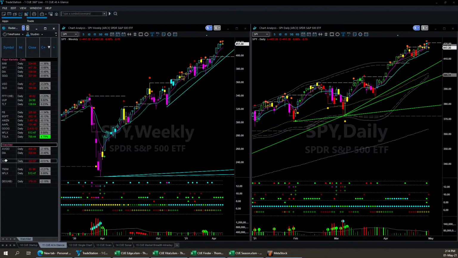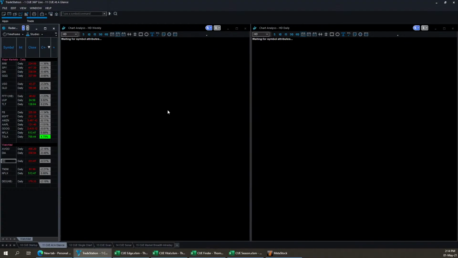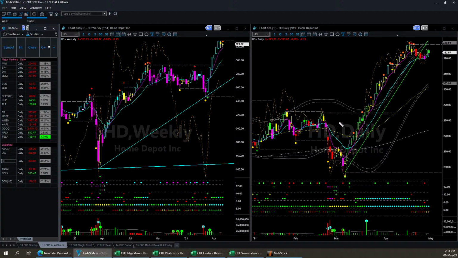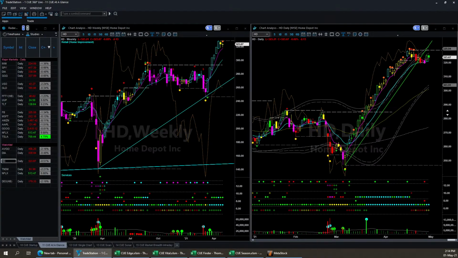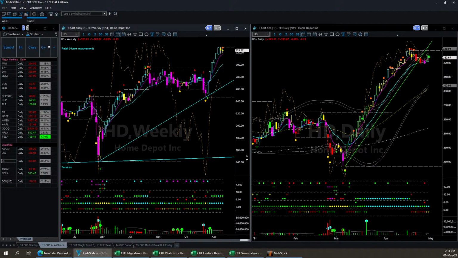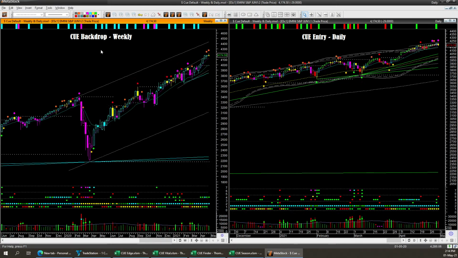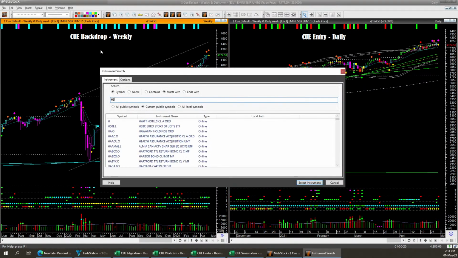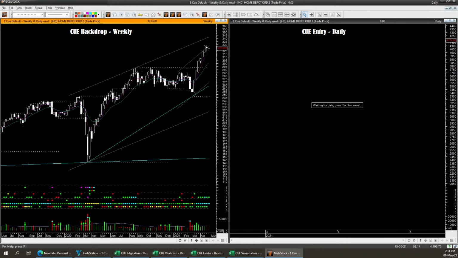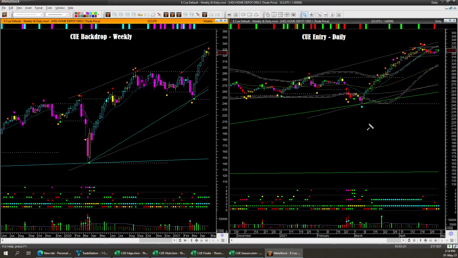Let's look at Home Depot. Home Depot is going up sharply. Let's look at Home Depot from Q Global. Yes. Home Depot in Q Global displayed a bullish headwind signal right at the very bottom.